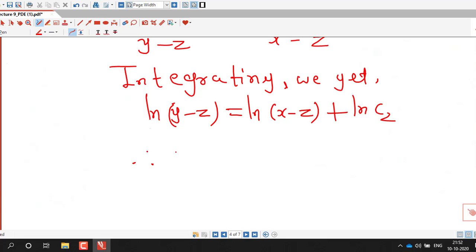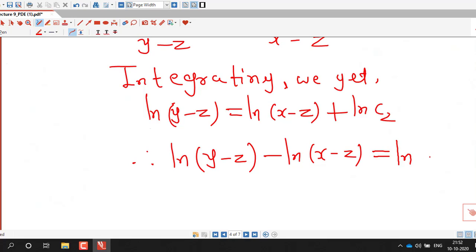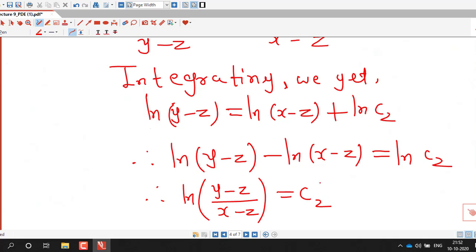So therefore log of y minus z minus log of x minus z equal to log C2. Therefore log of y minus z divided by x minus z equal to log C2.